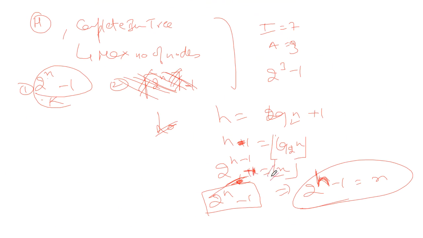So basically 2 raised to power h minus 1 plus 1 equals n, which is 2 raised to power h minus 1 only, right? In order to remove the floor, I added plus 1. So simple derivations, nothing. No one is going to ask you, but just to make ourselves understand here.